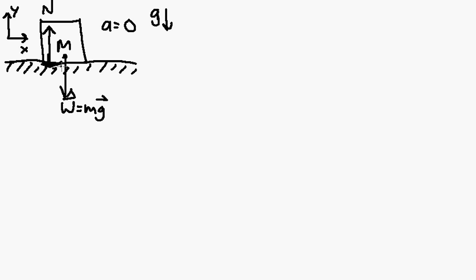So let's go ahead and draw our free body diagram. Over here, I'm going to write FBD for the box. I'm going to spell box correctly this time. FBD for the box. The first thing you do is draw a point to represent the box, and you copy your coordinate axes over.